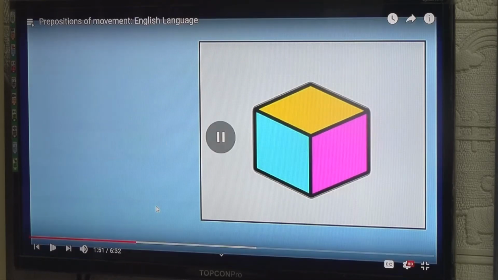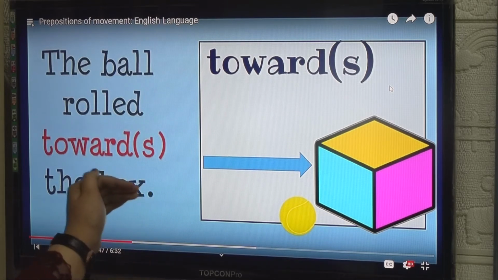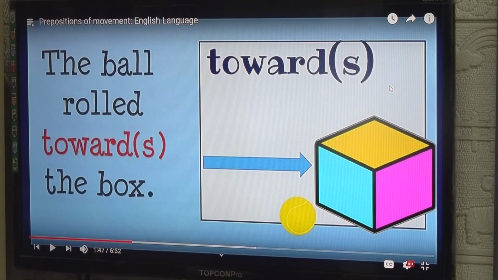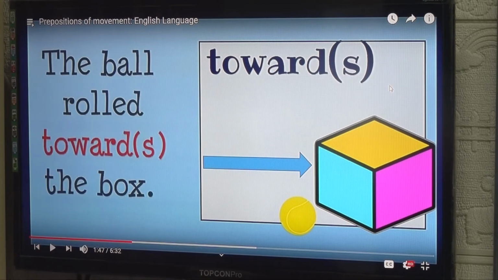Alright, the third preposition is mentioned, right? That we have in our book. So here, the ball rolled towards the box, right? Towards. It means a specific direction. So the ball is rolling towards the box. It means in the direction of something. So here, the direction the ball is going to is the box, right?